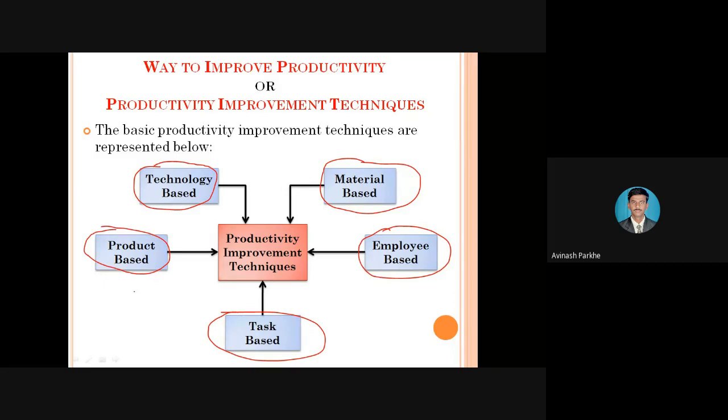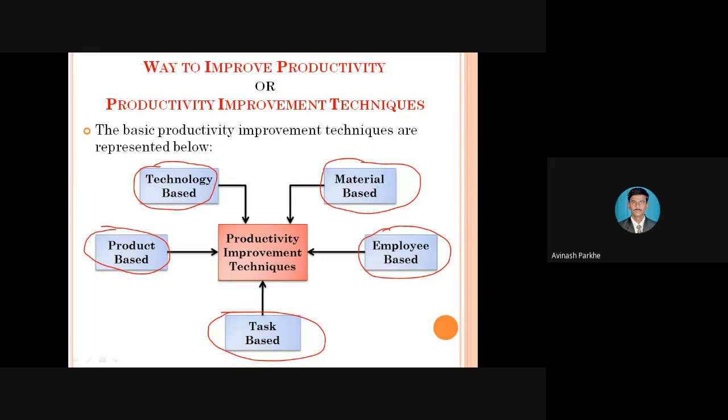So these are the 5 techniques or the 5 ways through which we can increase productivity. These are similar to the internal factors: technology, material, employee, task, and the product. The internal factors, which are controllable factors we have just discussed, are the same ones in front of you, but here they are called ways to improve productivity, or productivity improvement techniques.